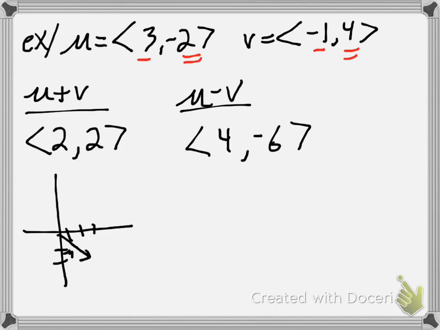Now from its final position, where our arrow ends, we're going to add the v. Our x is going to be negative 1, so we've got to go 1 to the right from our arrow, and then we have to go up 4. So 1, 2, 3, 4.